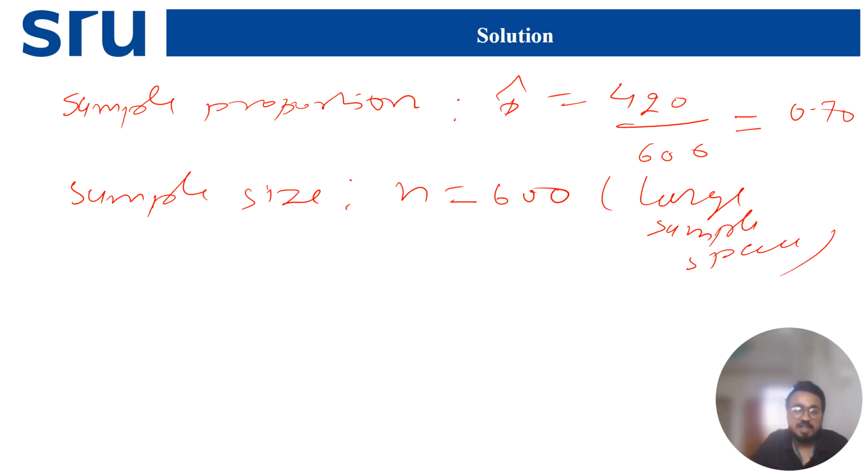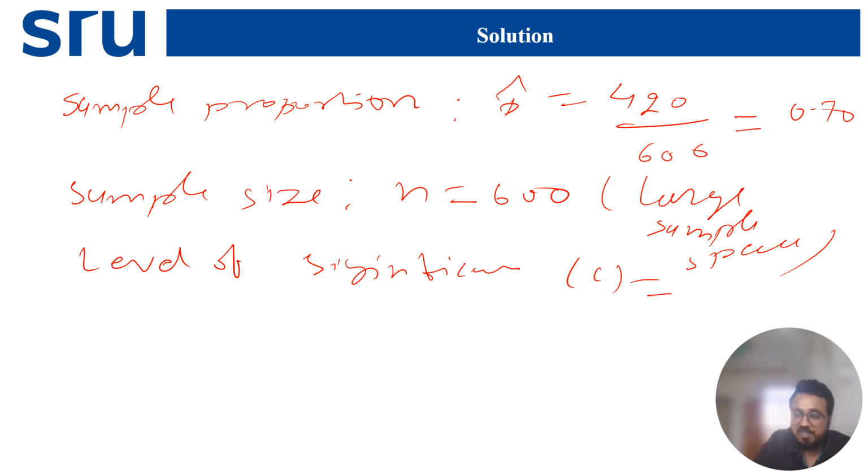Okay. And the confidence level C is what here? 90%, that is 90 by 100, which is 0.9. And so we can find the value of alpha.